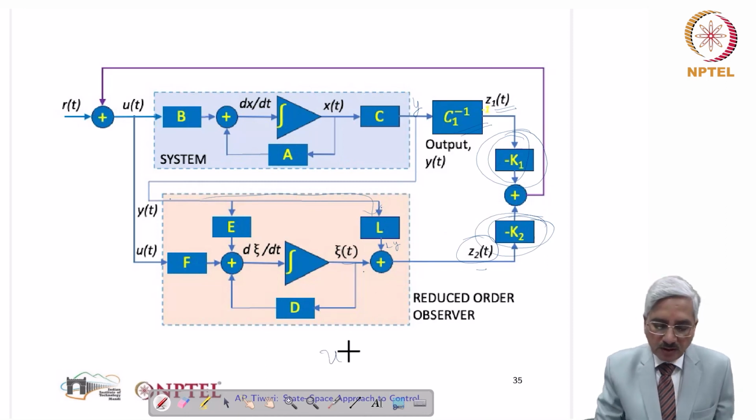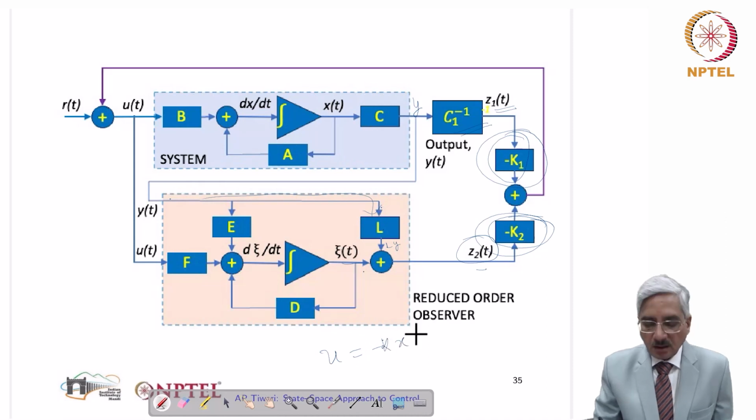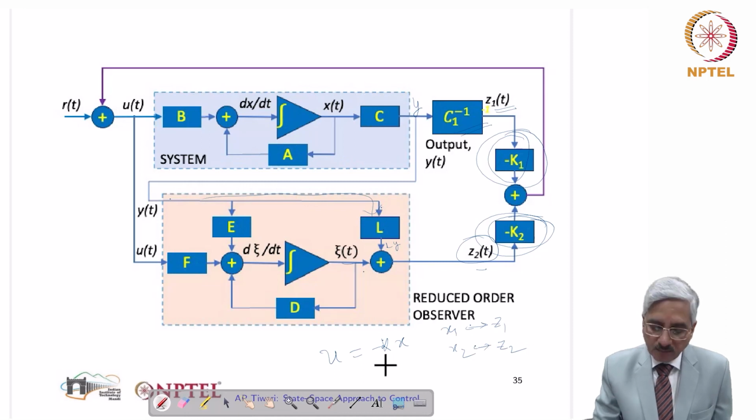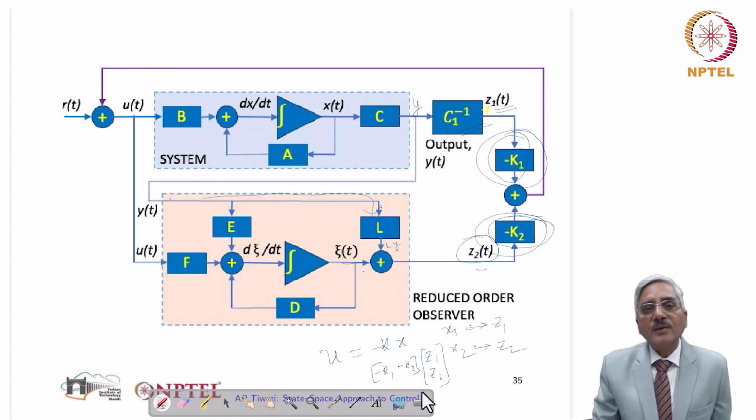So U equal to Kx, instead of that, because X is X1, X2, estimate of X1 is Z1, in fact it is the same as X1, and estimate of X2 is Z2. So we are feeding K1, K2 into Z1, Z2. And we are interested in analyzing the overall system behavior.